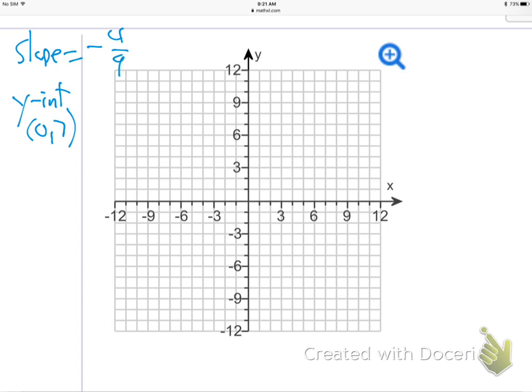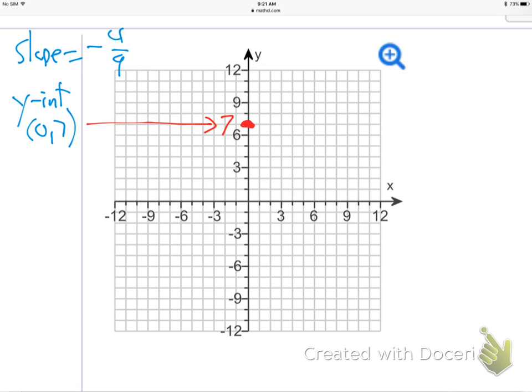So first put the y-intercept on there. So 0, 7 right here. There's that one. Good, there's our first dot. First dot's always on the middle line, over 0, up 7.